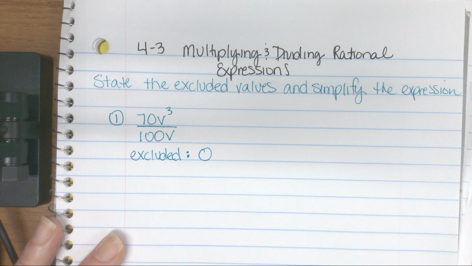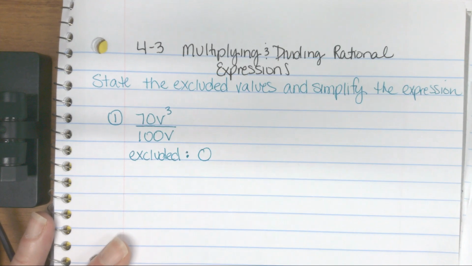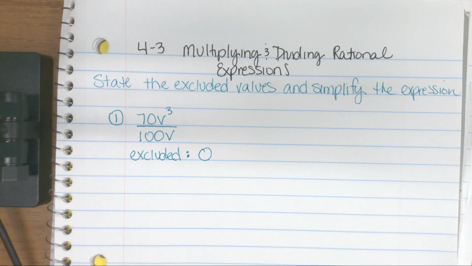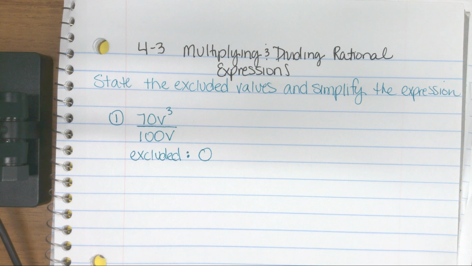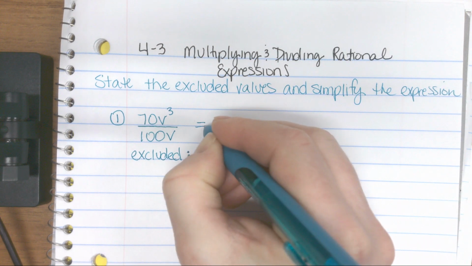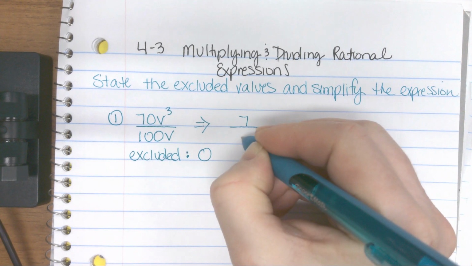Now let's move to the second part. How would I simplify the expression? In this case, we would want to reduce the fraction, both the part with the v and the part with the 70 and the 100. What goes into both 70 and 100? 10. So we divide top and bottom by 10. 70 divided by 10 is 7, and 100 divided by 10 is 10.